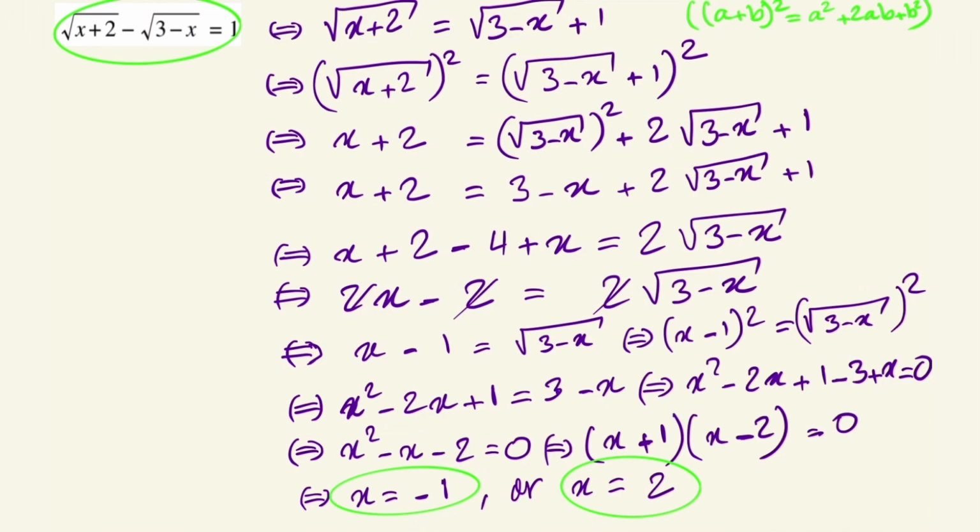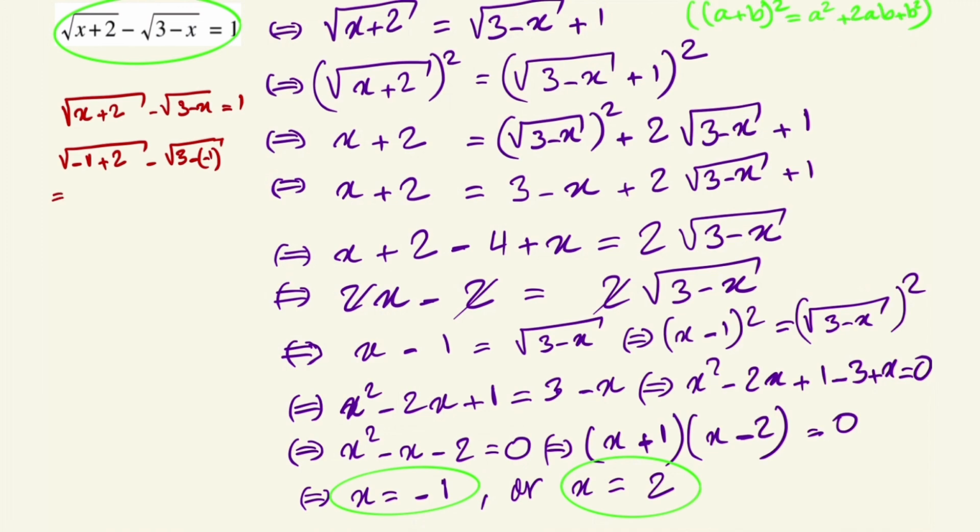So let's do that. Let's test x equal to negative 1. We have the square root of x plus 2 minus the square root of 3 minus x equal to 1. So with negative 1, we have the square root of negative 1 plus 2 minus the square root of 3 minus negative 1, which is 3 plus 1.